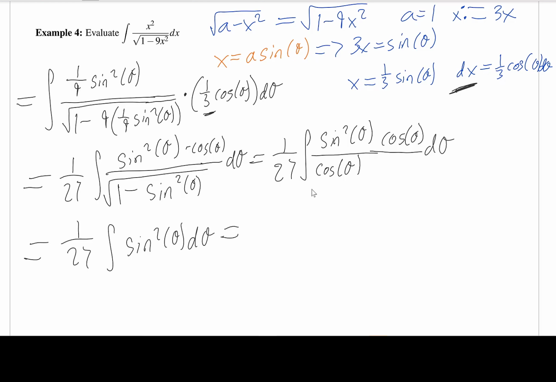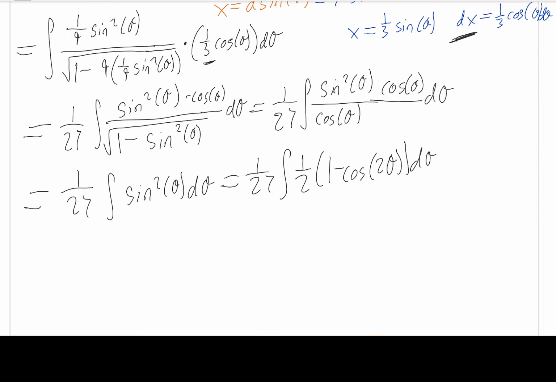And so from last section, we should know that we will break this down using the identity that sine squared theta is equal to 1/2 times 1 minus cosine 2 theta. And so this gives us 1/54 times the integral of 1 minus cosine 2 theta d theta.